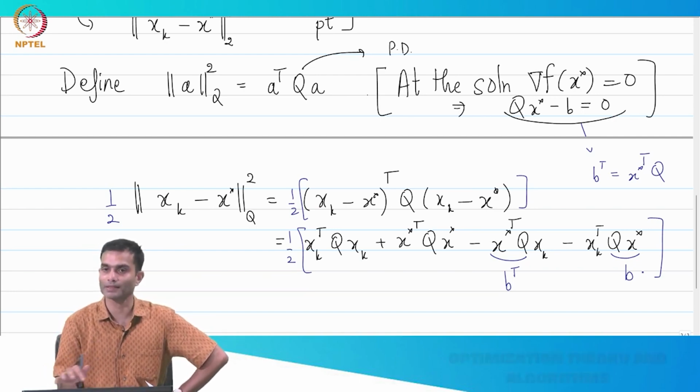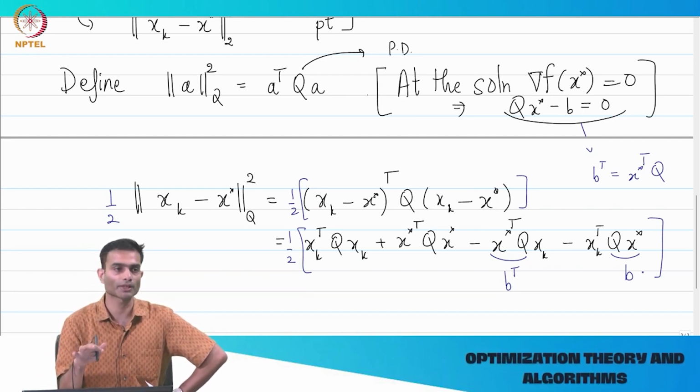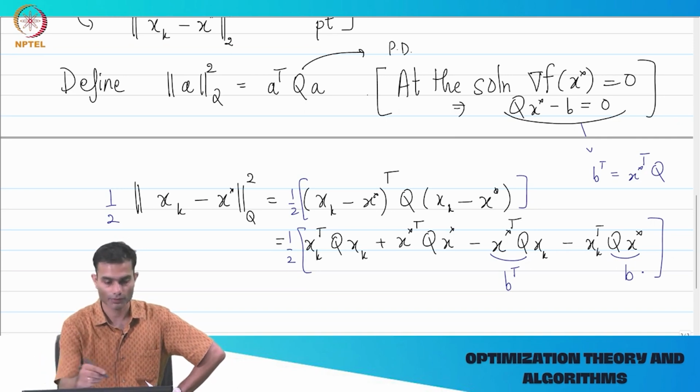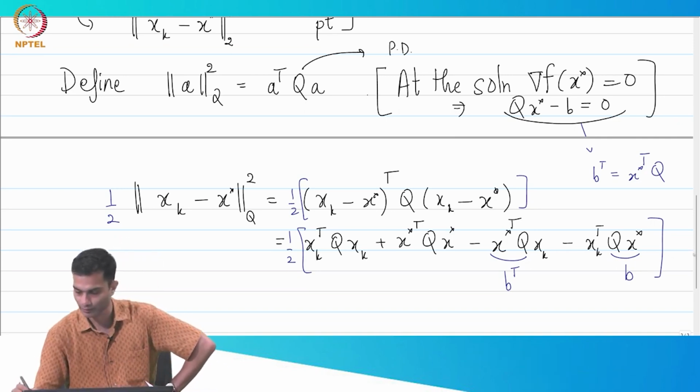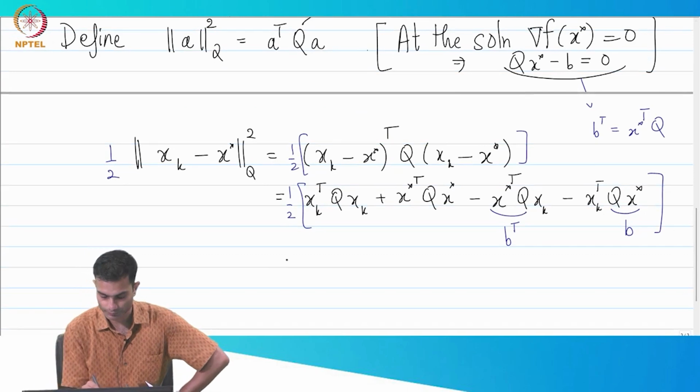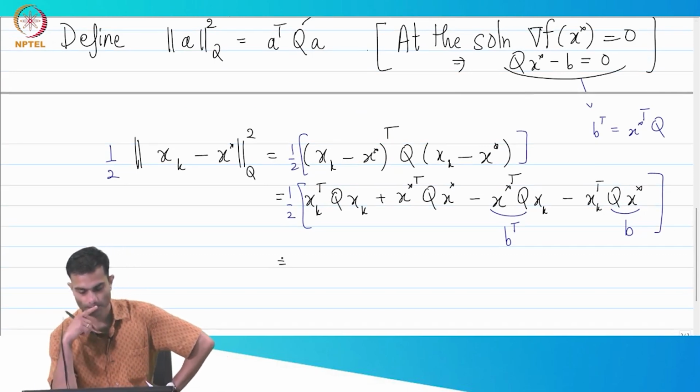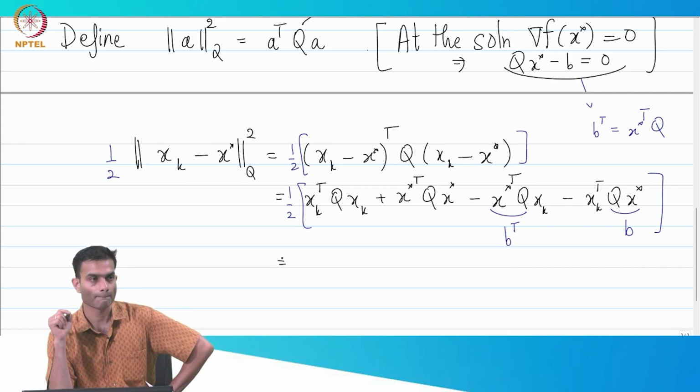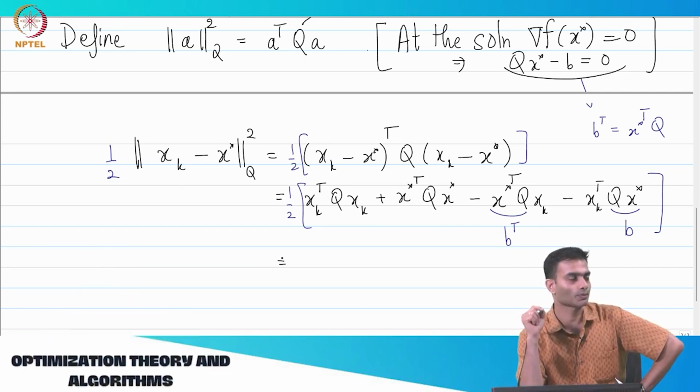Can I simplify this entire expression of 4 terms in terms of f? Can you see if you can identify an f over here? What was my definition of f? Half x transpose qx minus bx.